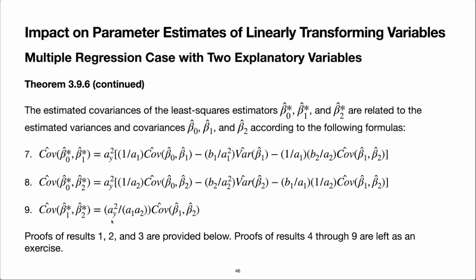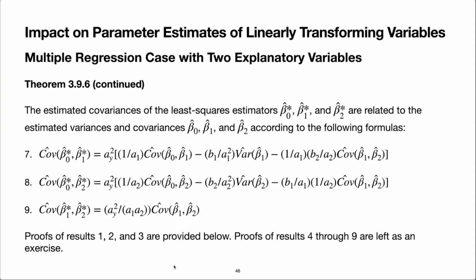And so we see here that we can calculate the various covariances between beta 0 star hat, beta 1 star hat, and beta 2 star hat in terms of the estimated covariances and variances of the least squares estimators from the original model, which is based on the untransformed data.